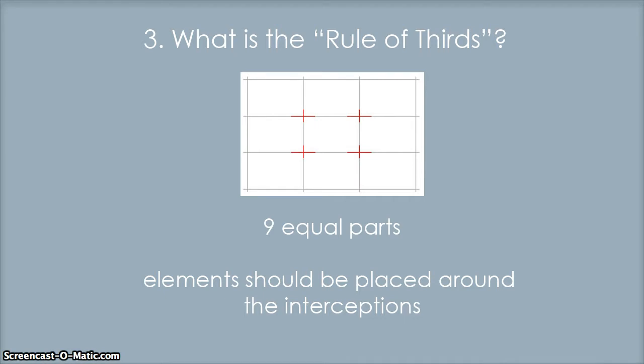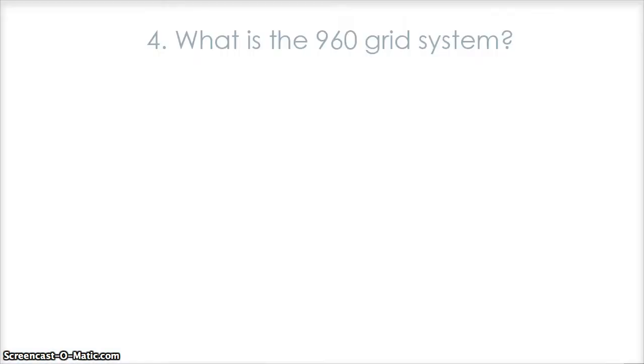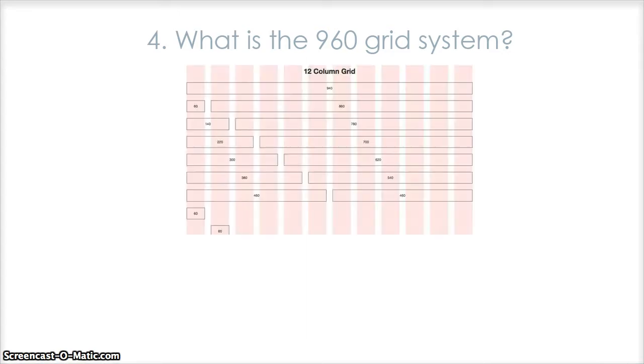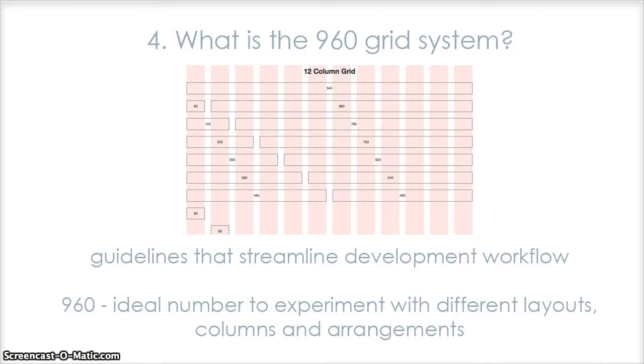Alright, next we have the 960 grid system to talk about. The 960 grid system is shown right here. The 960 comes from the 960 pixels in the width of the website or the screen.